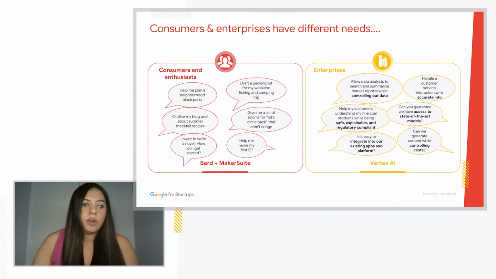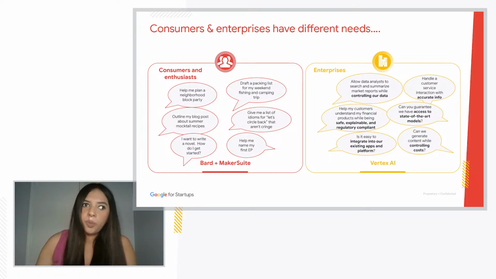To highlight what is different here, consumers and enthusiasts need an easy prototyping tool, which is our Bard plus MakerSuite. So if you want to try Bard, go to bard.google.com and get started. And if you just want to prototype something with the generative AI APIs we released earlier this year, you can do so using MakerSuite.